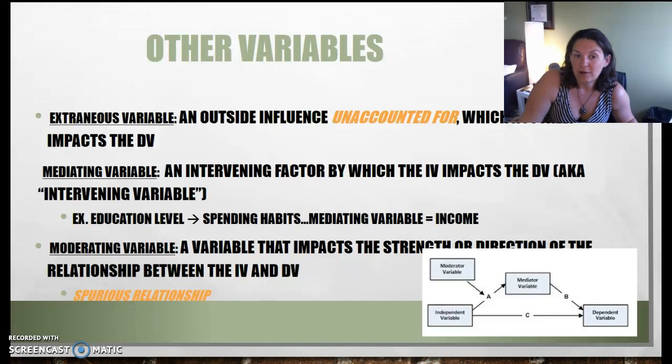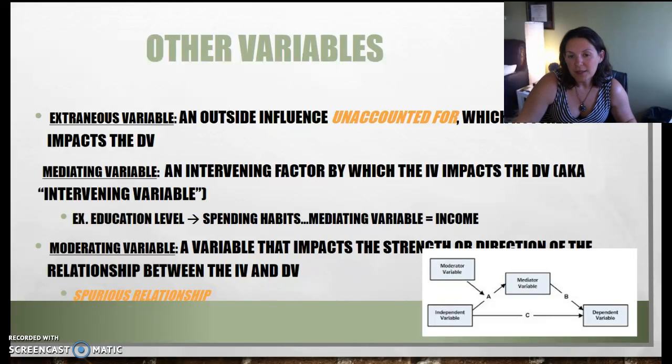A mediating variable, by contrast, is an intervening variable that we know is affecting it. So there's an example here. If we were looking at the relationship between education level and spending habits, and there was a hypothesis there, right, that said more highly educated people spend more money.